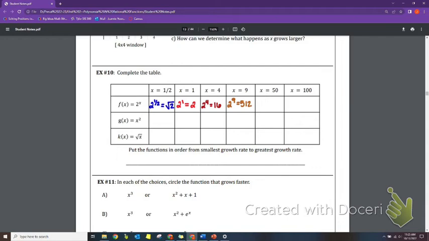When I plug in x is 50, I get 2 to the 50th, which when I put that in my calculator, it'll tell me it's 1.12 times 10 to the 15. And then when I plug in x is 100, I'll get 2 to the 100th. That is 1.27 times 10 to the 30th.